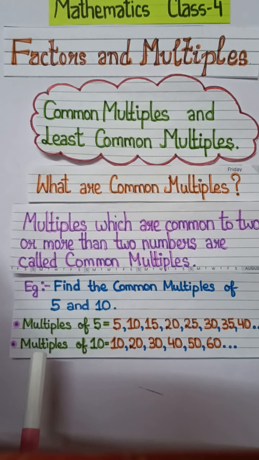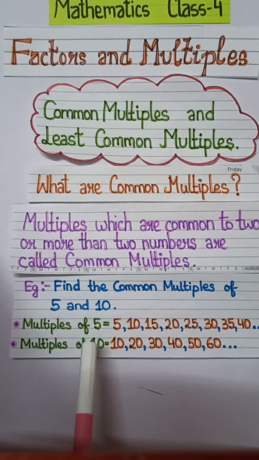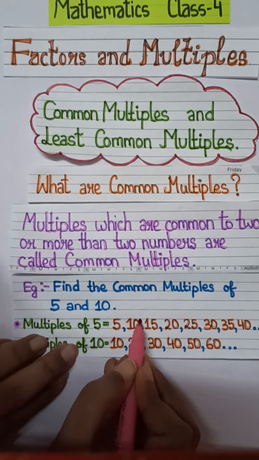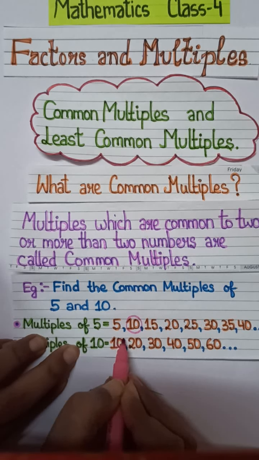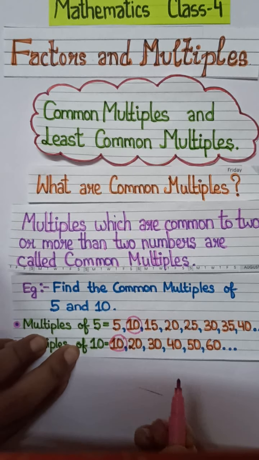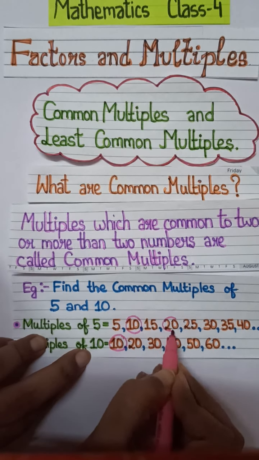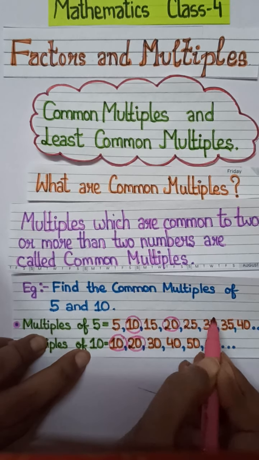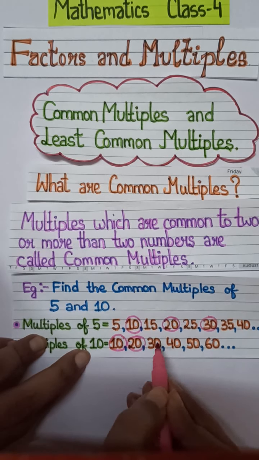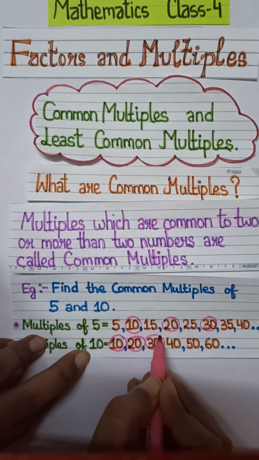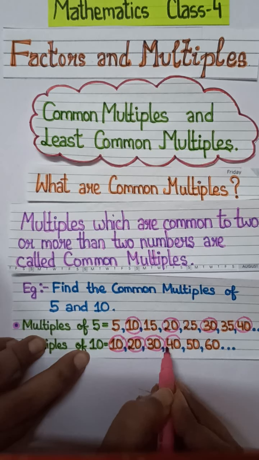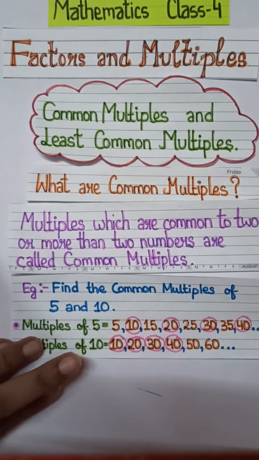After finding the multiples of 5 and 10, we will find the common multiples in both. For example, 10 being common, 20 being common, 30 being common for both, 40 being common for both, and so on.